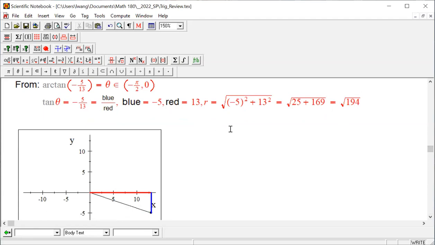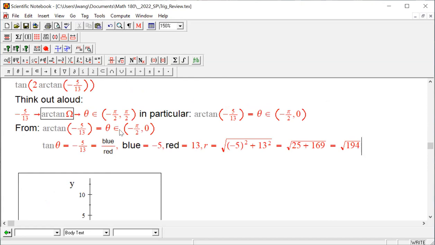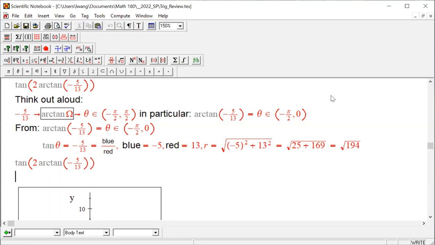Now let's see what we need. Depends on which formula you use, there are so many formulas we can derive. What we need to find out is tangent 2 theta, the double angle.